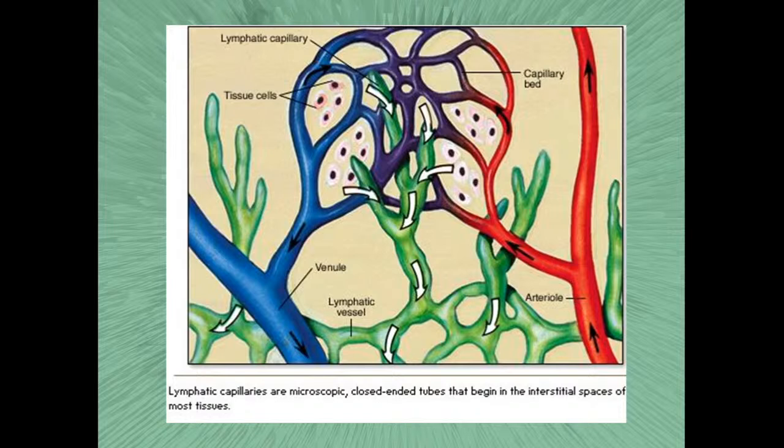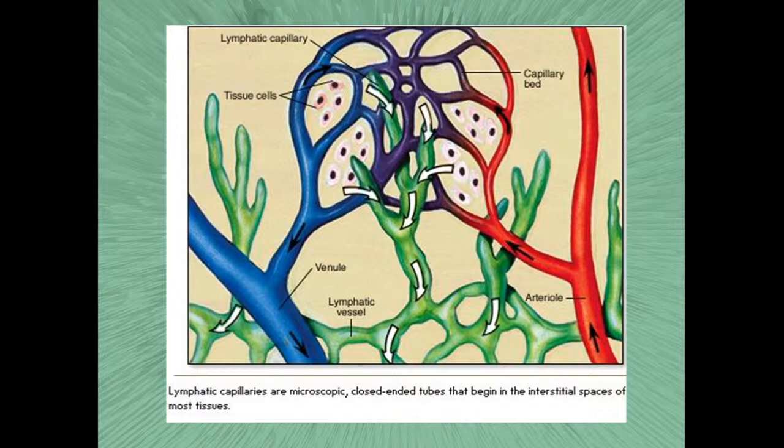What's the main difference? These capillaries are single layer vessels because they consist of an endothelial cell layer, and these endothelial cells sit on the basement membrane.